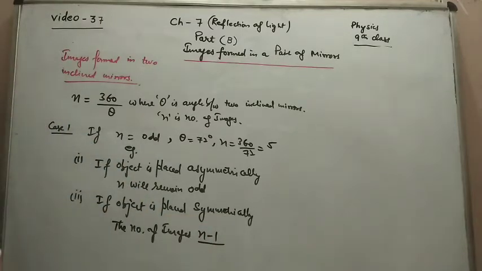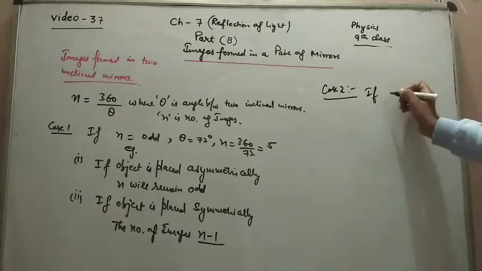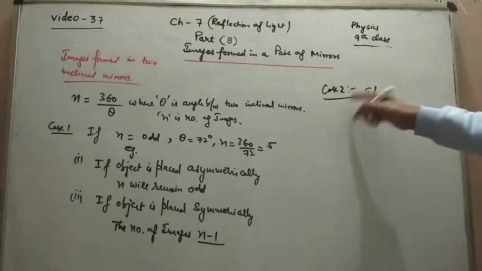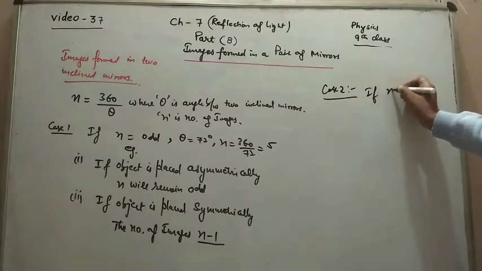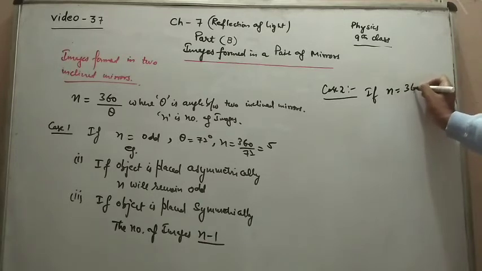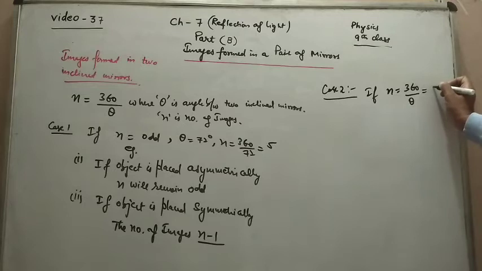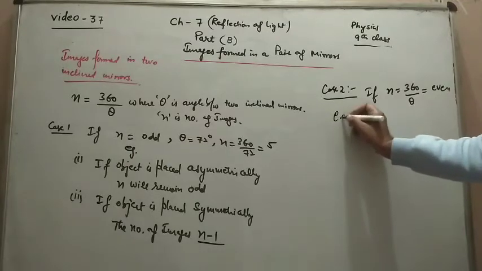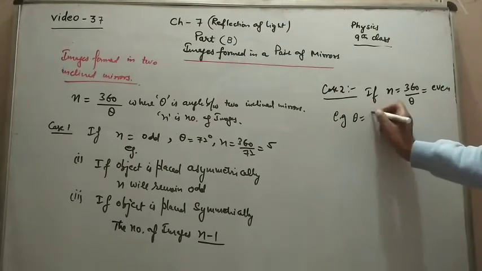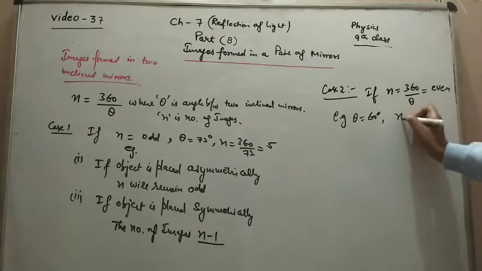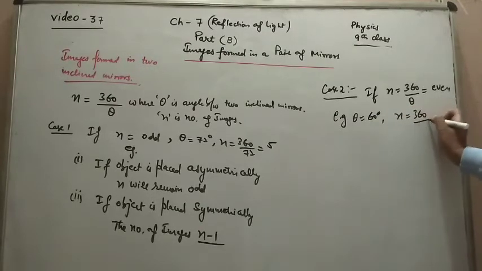Second case: in case 2, if n equal to 360 upon theta is even. For example, theta is 60, so 360 upon 60 is equal to 6, which is even.